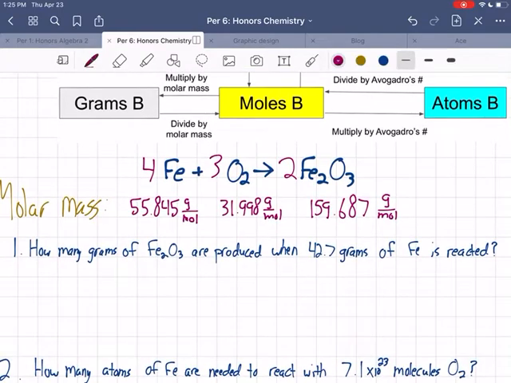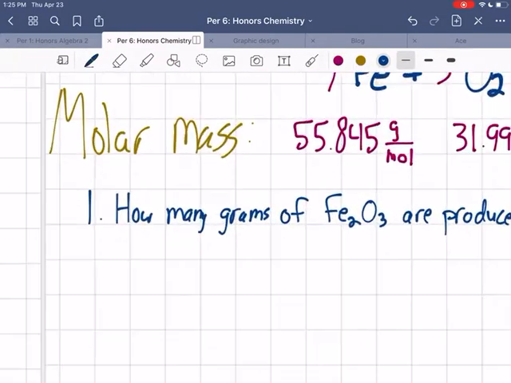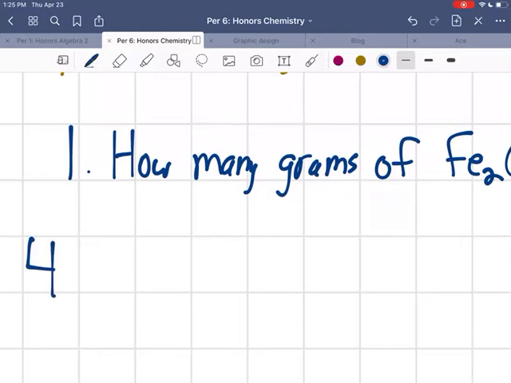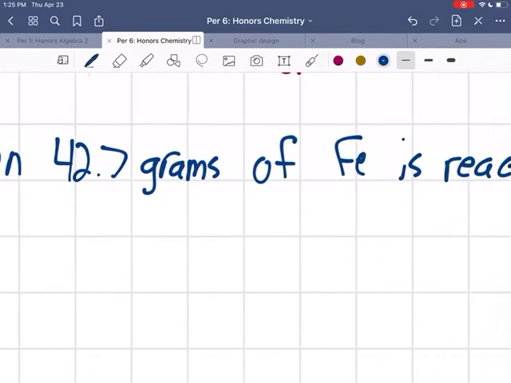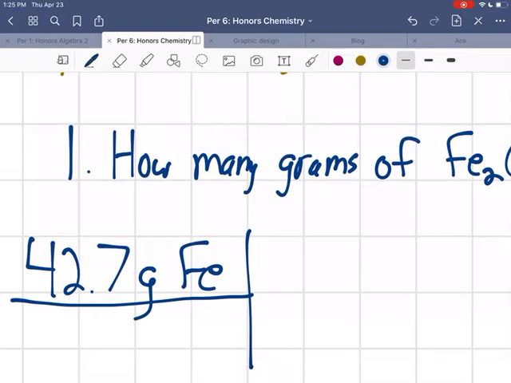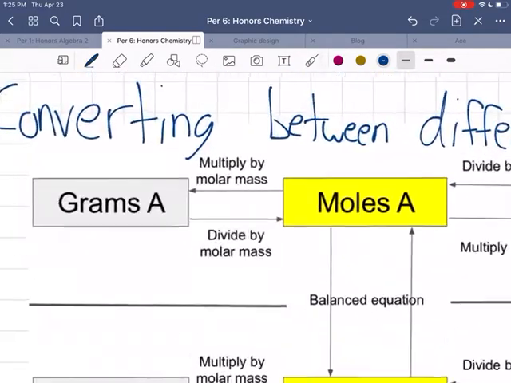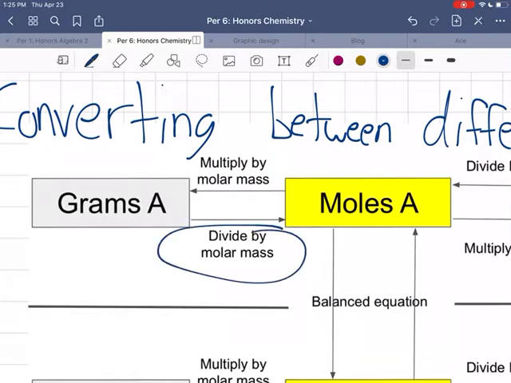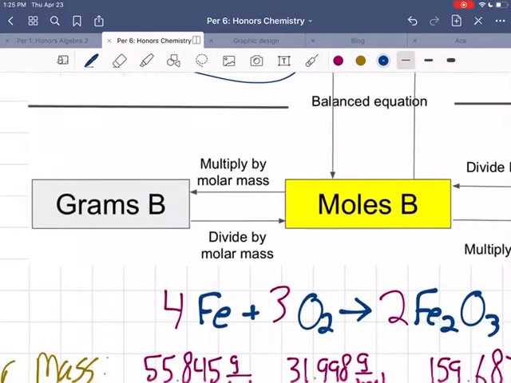Let's start with what we're given. 42.7 grams of iron. We know in this first step, we have to use our molar mass here to get from the grams of this thing to the moles of this thing.